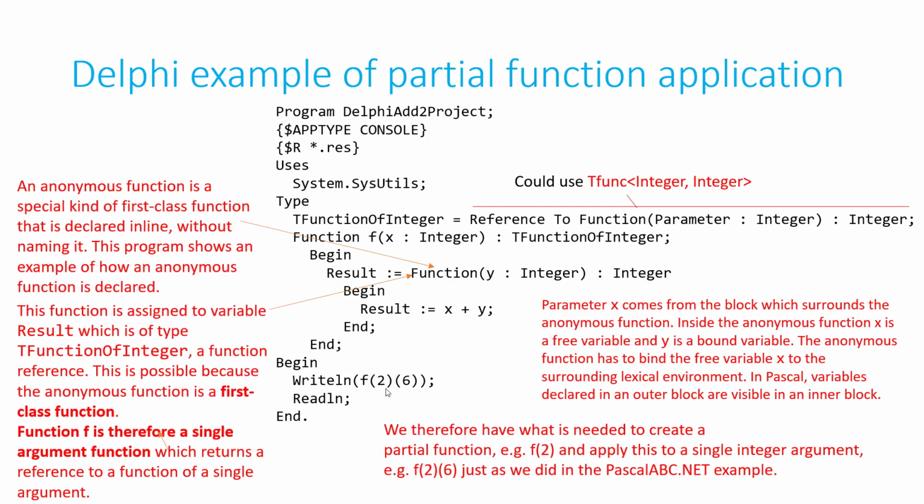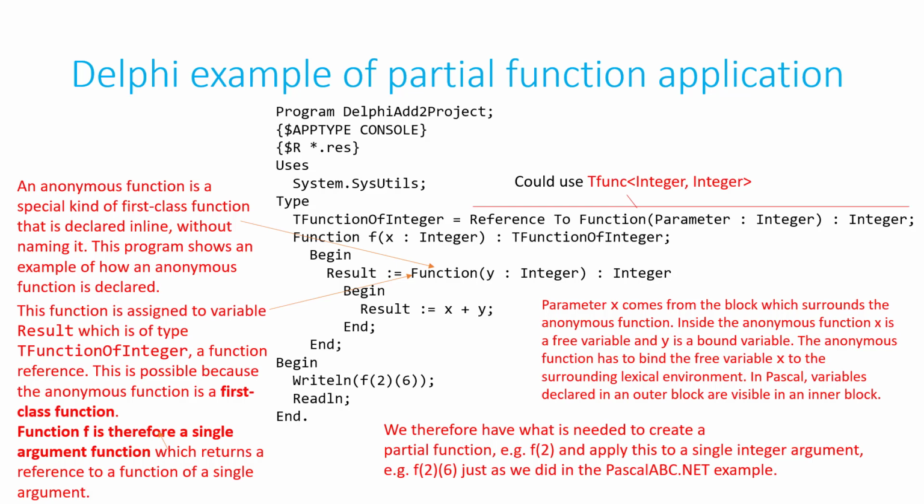So we create this specialized function f2 and then we apply it to the value 6. So 2 is bound to x at this point here, which is now visible and bound to this free variable here, x.